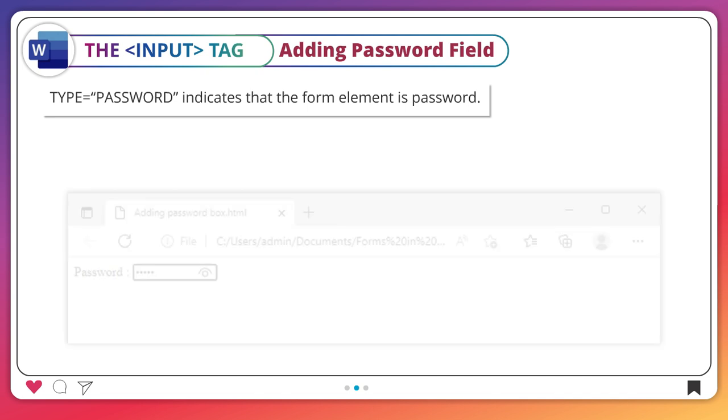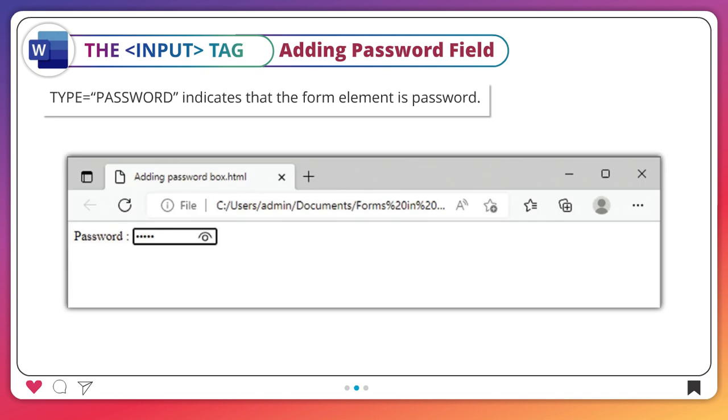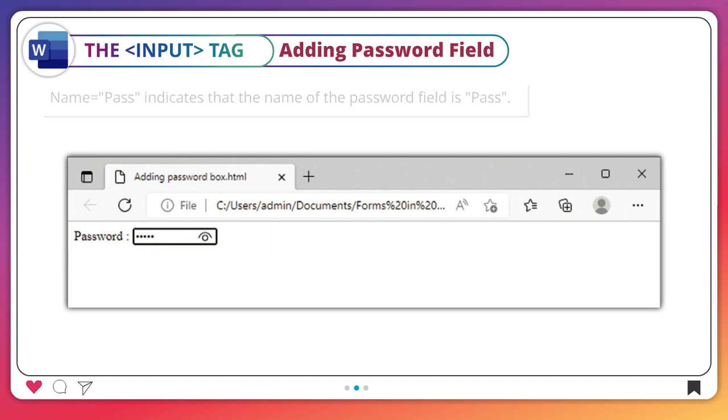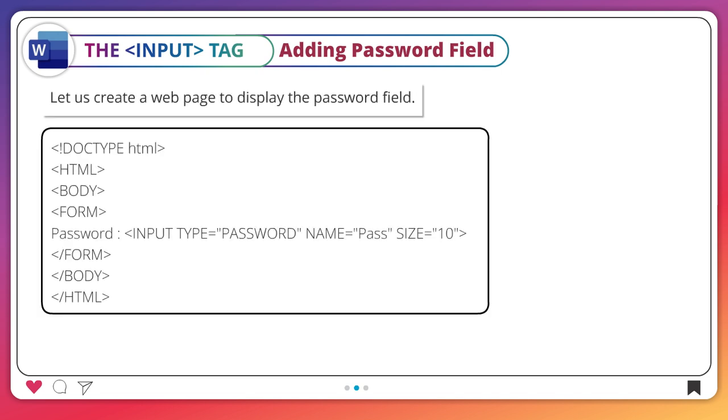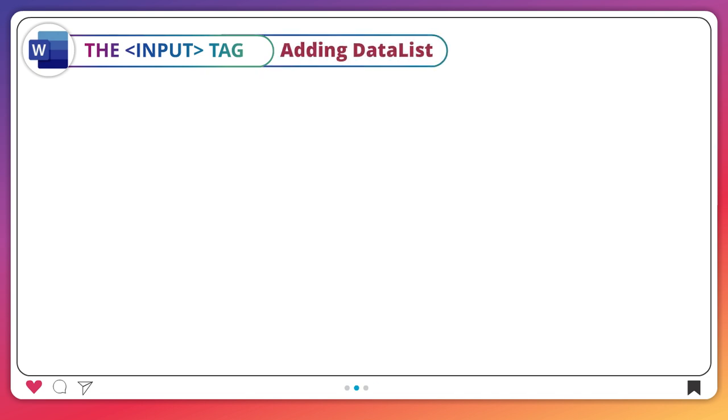For example, type equals "password" indicates that the form element is a password. Name equals "pass" indicates that the name of the password field is pass. Size equals "10" denotes the maximum size of the password field, that is 10. Let us create a web page to display the password field.